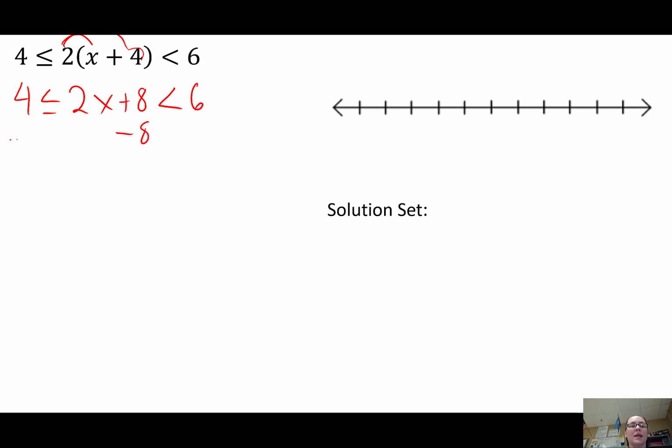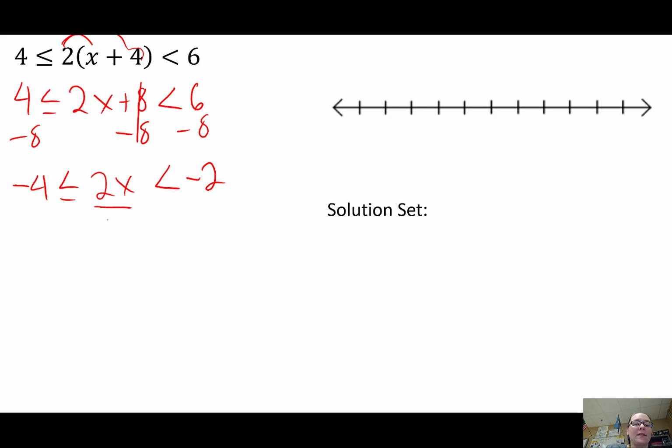Subtract 8 on all sides, and 4 minus 8 is a negative 4, less than or equal to 2x. Those canceled out. 6 minus 8 is negative 2. So I end up with negative 4 less than or equal to 2x less than negative 2.